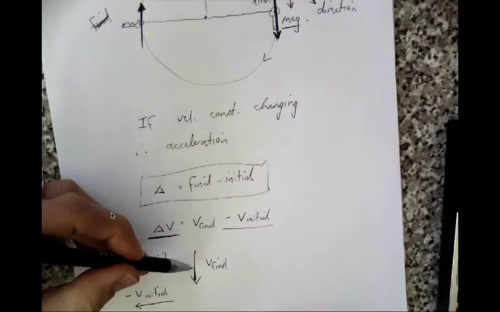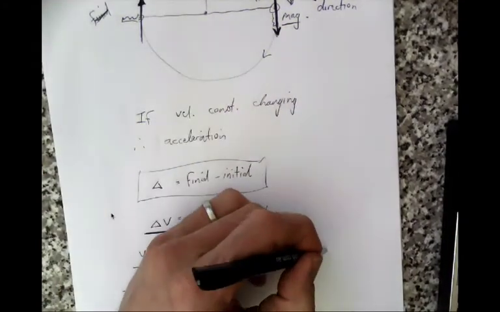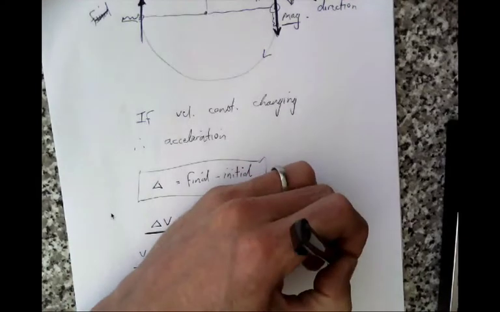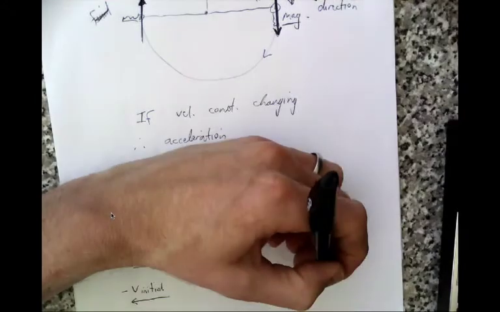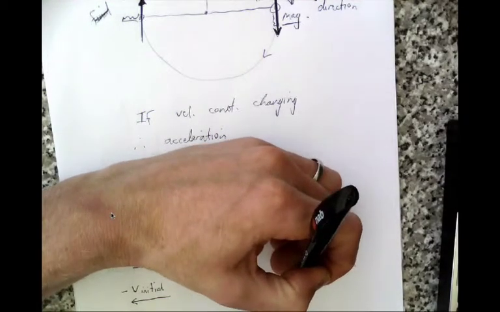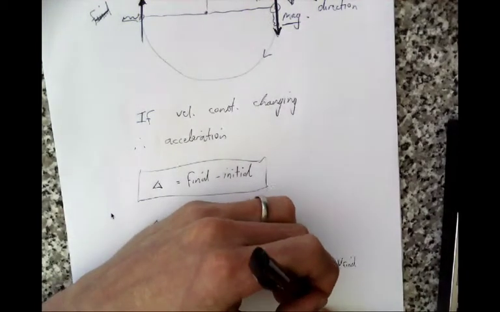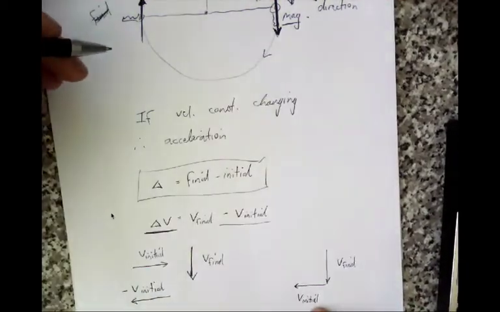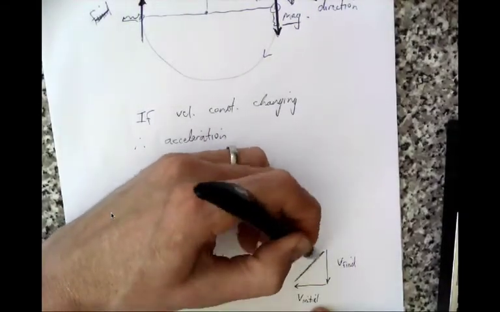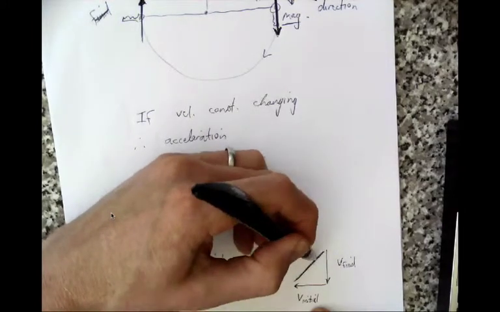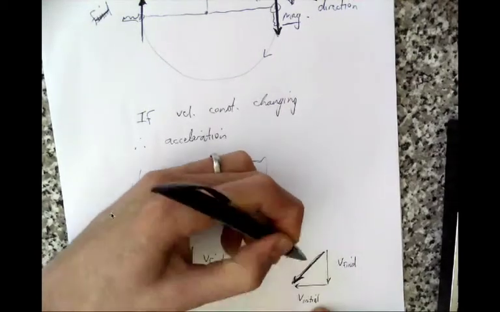We're adding these two vectors together, so let me rearrange them. I'll drag my final over here, and my initial so that they are head to tail. They're the same in magnitude, so I should be making them exactly the same length. To find the change in velocity, adding these vectors, I complete my triangle from the base of the first to the head of the second, and so this is my delta V.